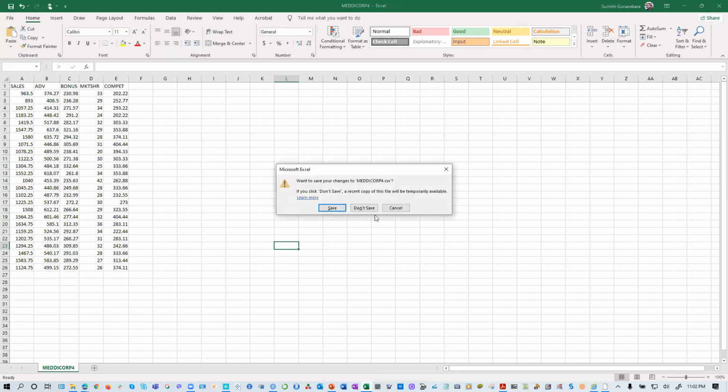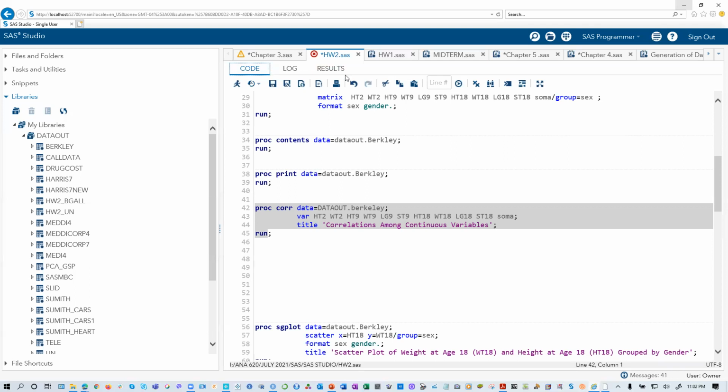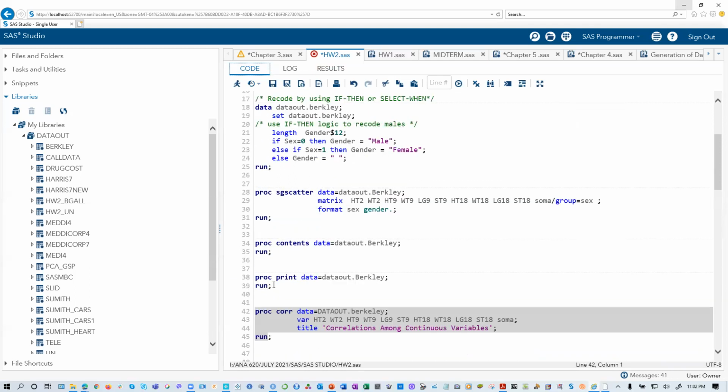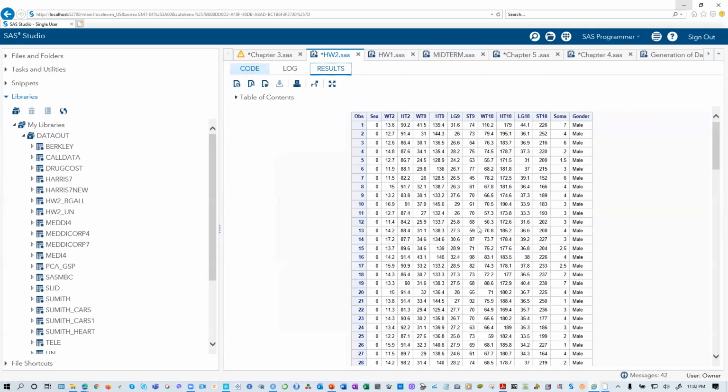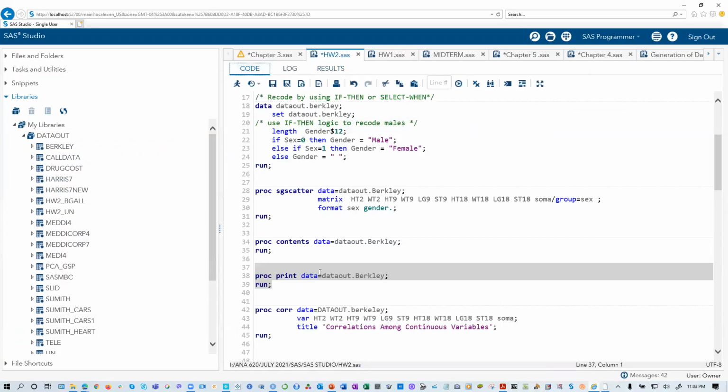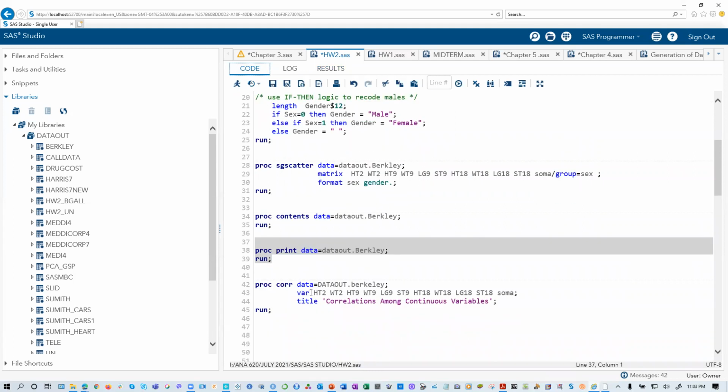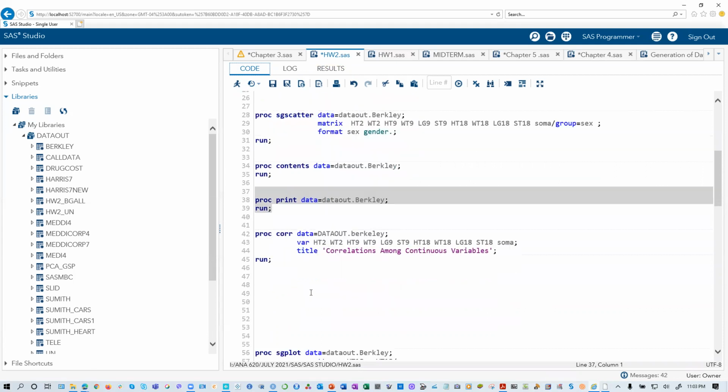On this one, go to this one. Oh, this one, that's right. Numbers, only the one with the numbers, not the character type. Okay, WT2. What happened? Correlation among this one. Why did it not come?